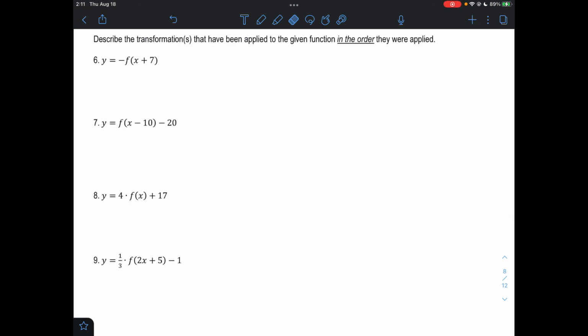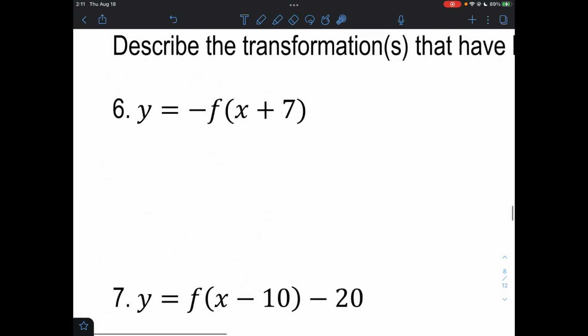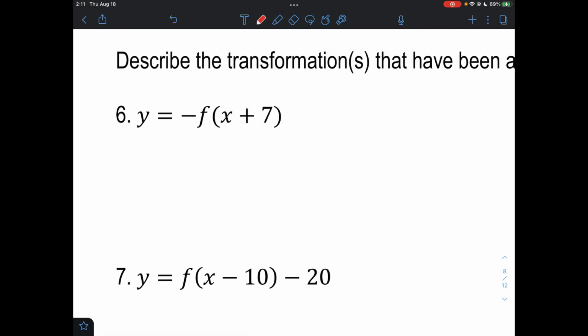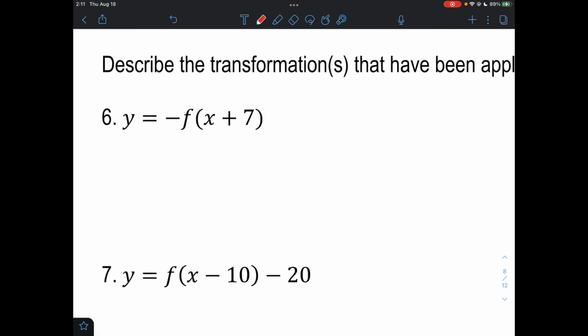All right, so let's take a look now at some problems and some transformations and in what order we should be applying them to our graphs. So number 6, we see that there are 2 transformations taking place here. The negative out in front, multiplying the function, and the plus 7 inside the parentheses. So we are to start with doing the horizontal shift left 7.